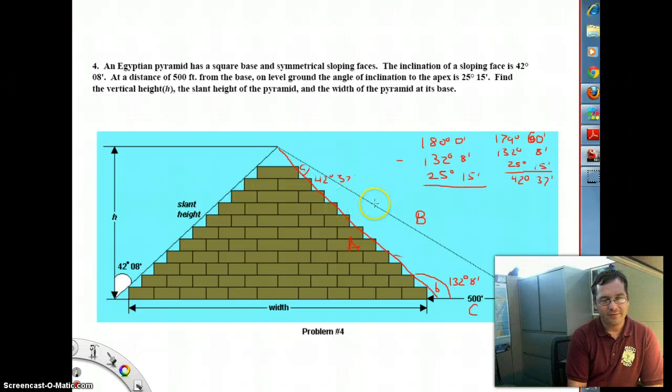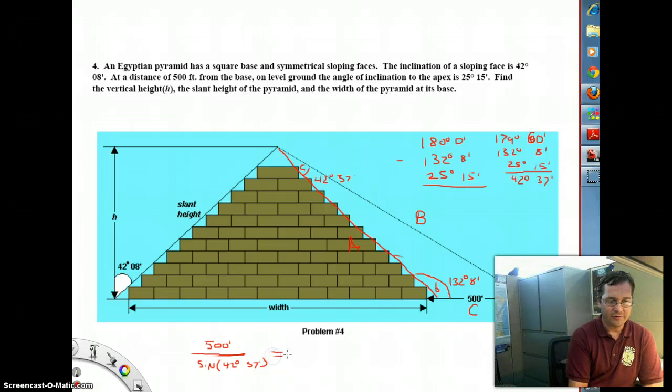Now, if you notice, we know one of the sides and we know the opposing angles. So we can now set this up as a law of sines problem. Remember how this works: the length of side C, which in this case is 500 feet, is proportional to the sine of angle C, which is 42 degrees, 37 minutes.